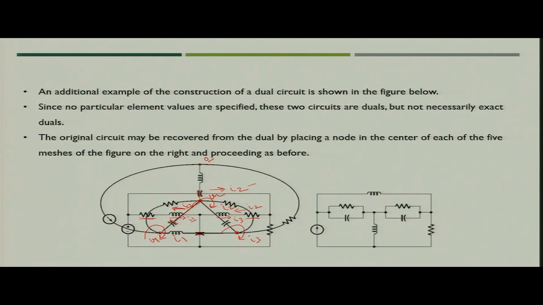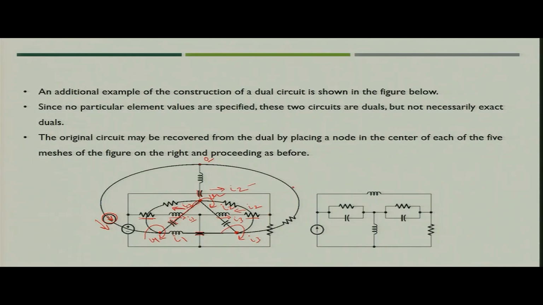The voltage source is giving positive current to this mesh. So, the dual of this would be a current source coming into the node. That is why the dual is represented as a current source with current in this direction. So, using the circuit and the duals of each individual element, we can draw the dual circuit.